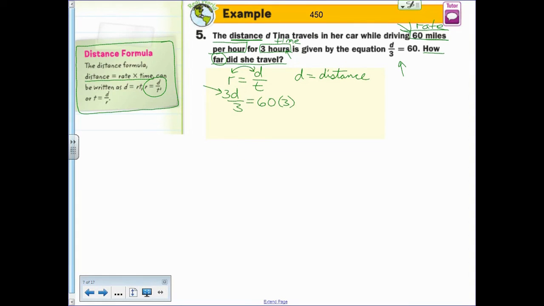So multiplying by 3 on both sides. 3 divided by 3 equals 1, so those cancel out, leaving me with D. And then 60 times 3 is 180. And again, 180 is a distance, and since our rate was in miles per hour, this distance would be 180 miles.